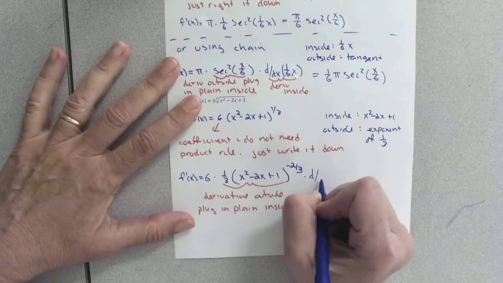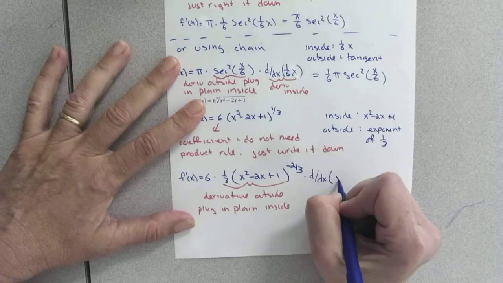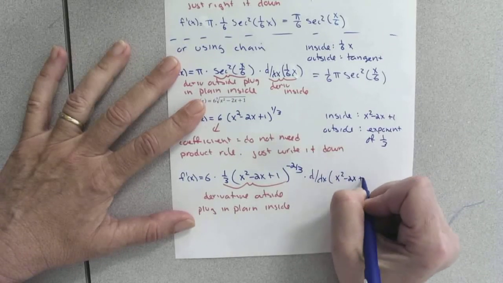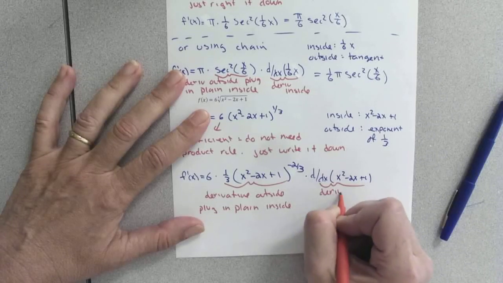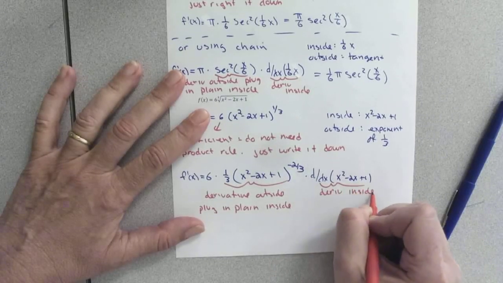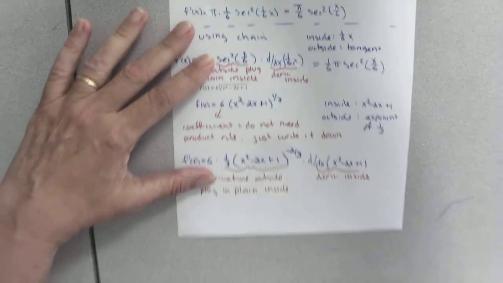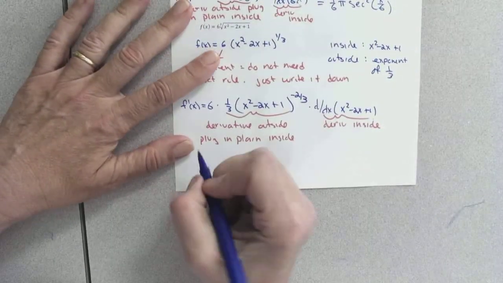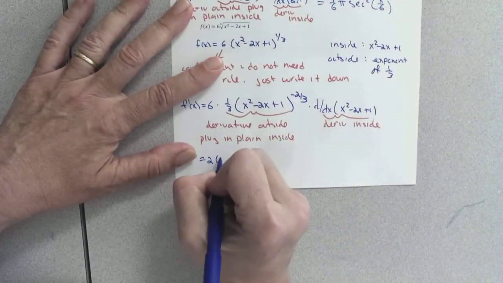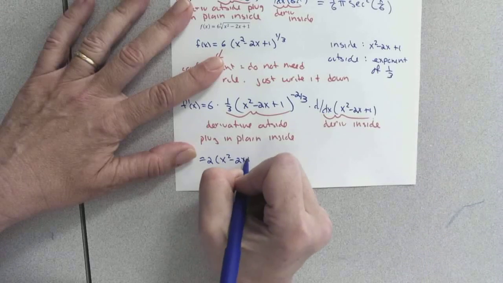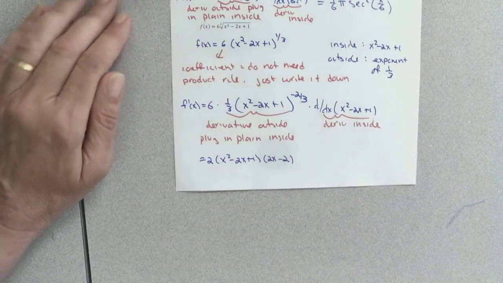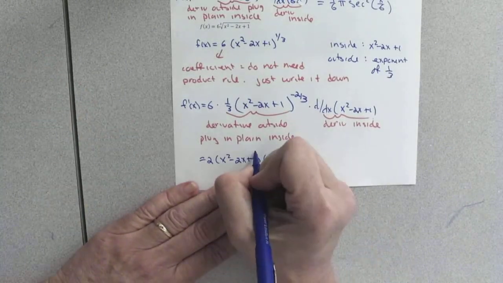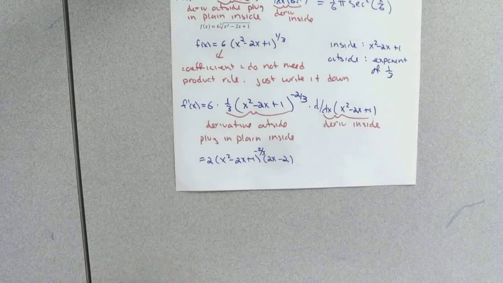Then the rest of the chain rule, which I'll do in symbols, times the derivative of the inside. So I've got 6 times 1/3, x squared minus 2x plus 1, times 2x minus 2, the derivative of the inside, and I forgot my exponent here, negative 2/3.